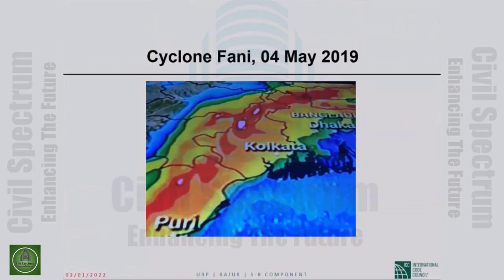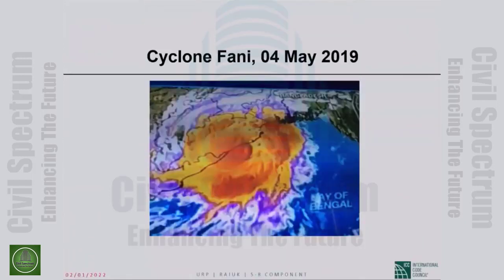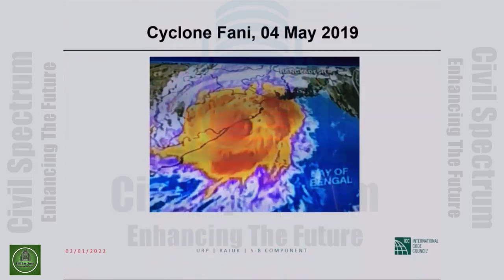I don't know that it went right over Kolkata, but close to it, and then Bangladesh. But it spared Dhaka. It went to the northwest essentially, so there wasn't a whole lot of effect of the storm. But this was a significant storm in May of 2019.